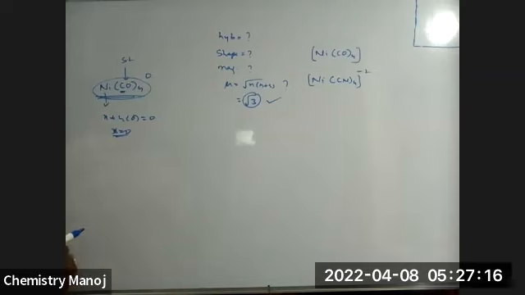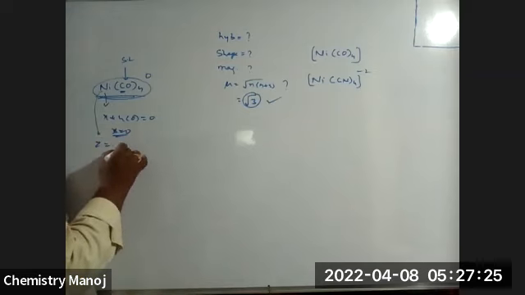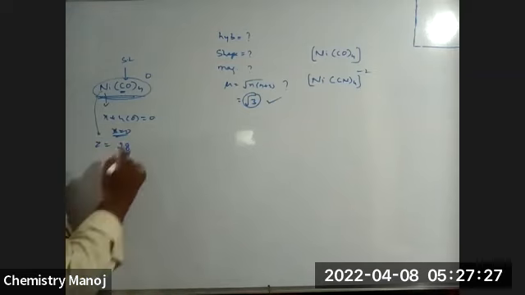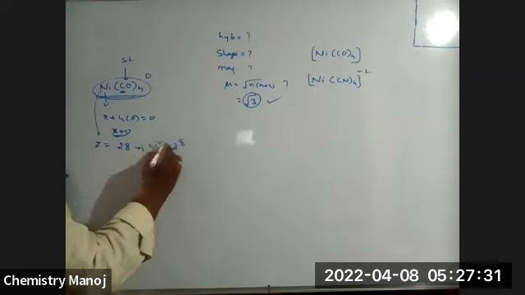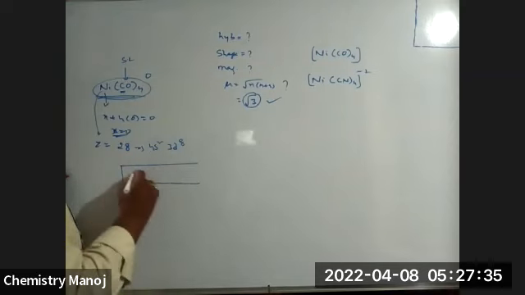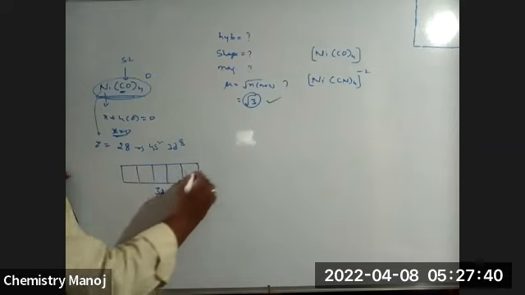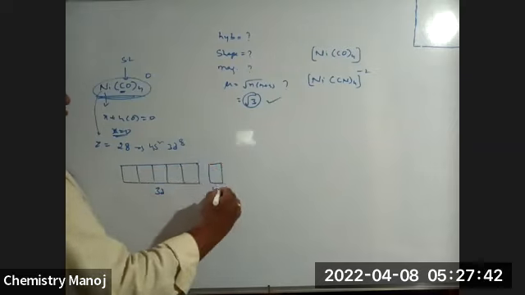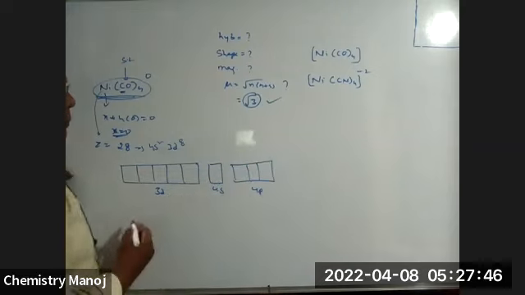Next. Now, nickel, atomic number Z = 28, which means the configuration is 4s2 3d8. Now, 3d, 4s, 4p.